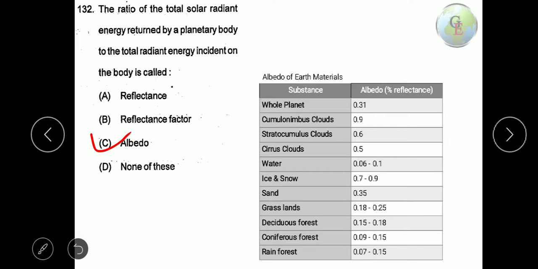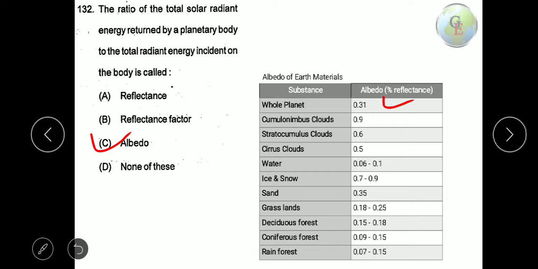Here you can see the albedo of different Earth's materials, like planet albedo is 0.31. It is important, means you can find questions on that, where there will be four options like clouds, water, ice, on which the albedo will be more.